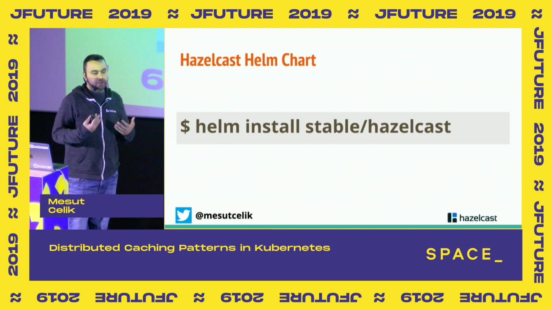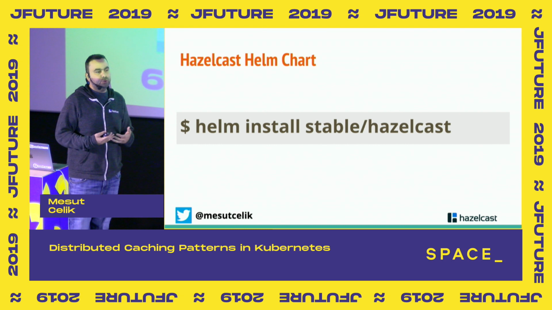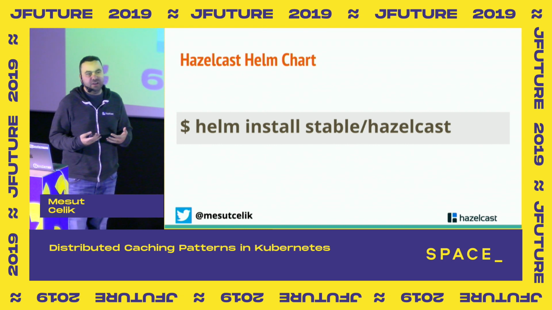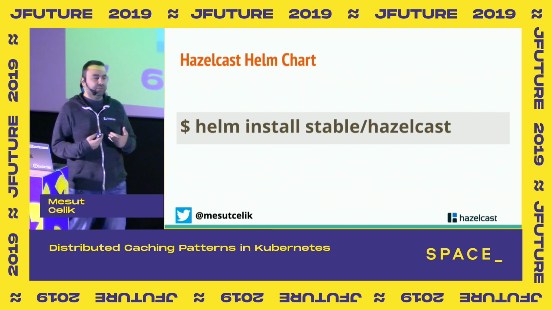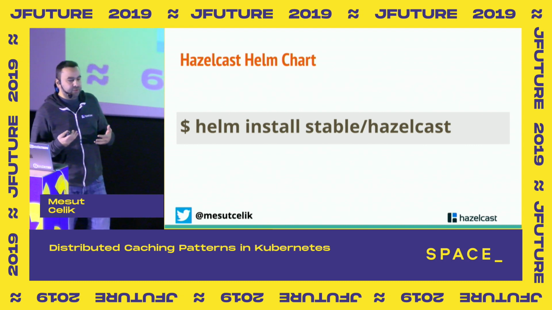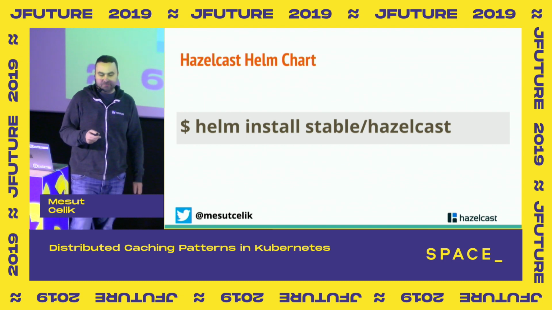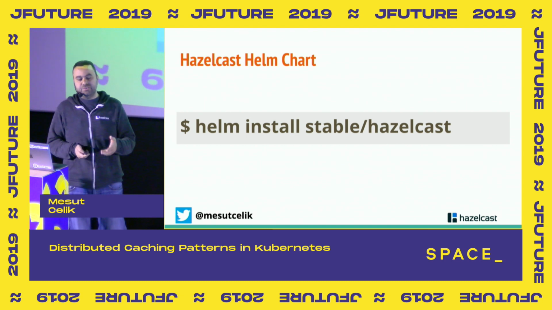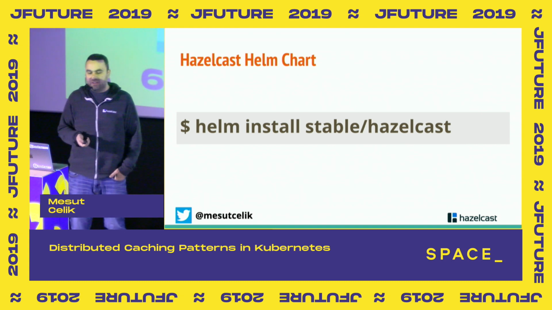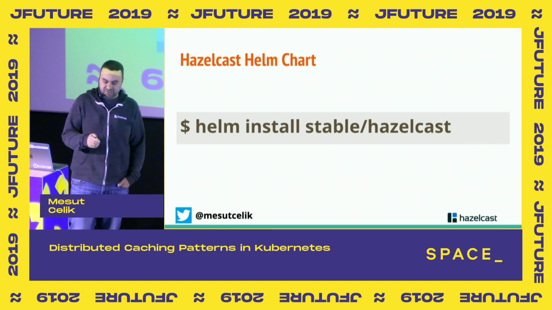And if you install Prometheus as well into the Kubernetes environment, it will start directly scraping your metrics, which means that you can use some Grafana dashboards or you can use some auto-scaling features based on those metrics. So this is the simplest way to install Hazelcast into a Kubernetes cluster.